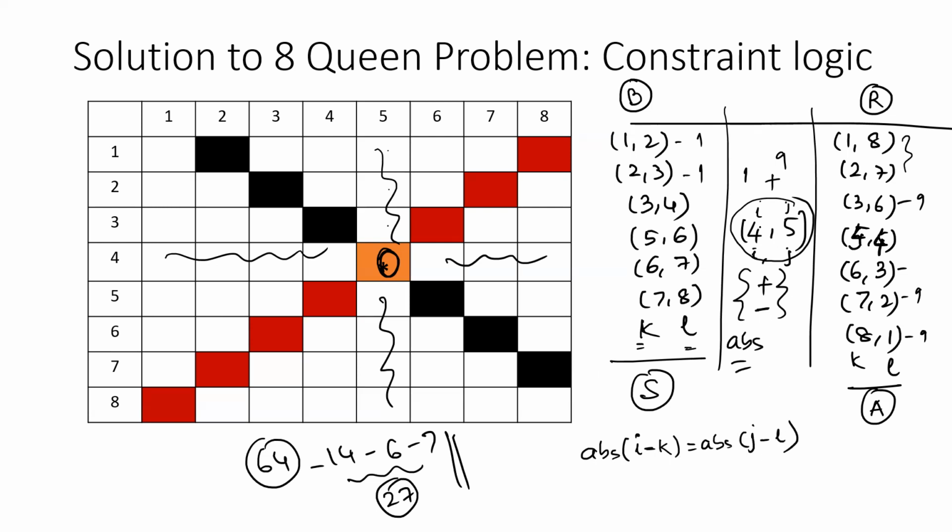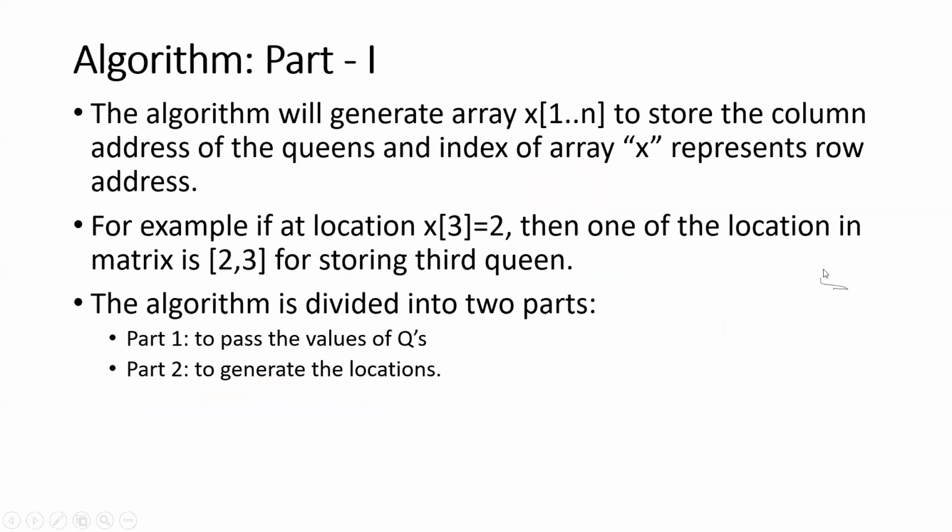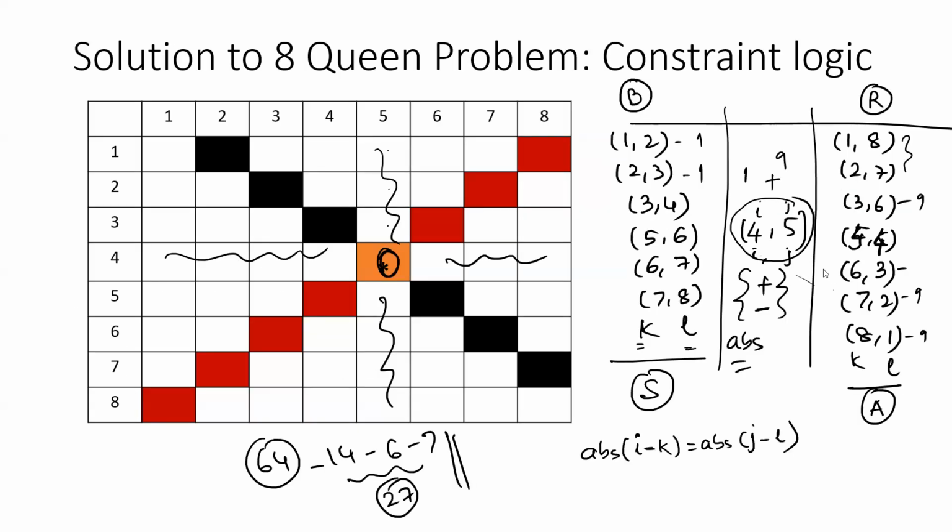Look at this. 4 minus 1, absolute is 3, and 5 minus 2, absolute is again 3. If I take 4 minus 7, then also the absolute is 3, okay. And similarly, if I take 5 minus 2, the absolute is 3.